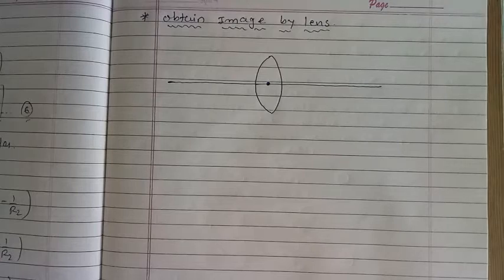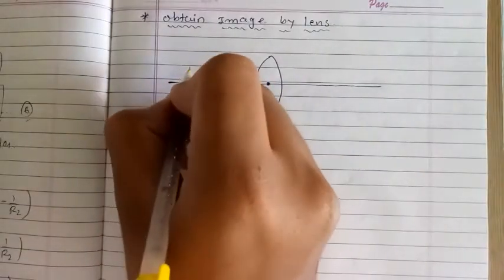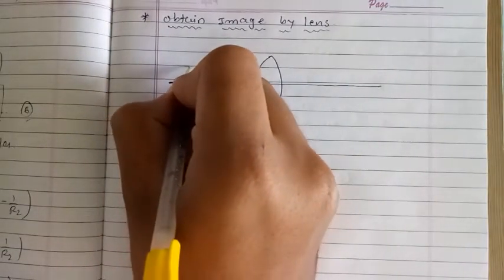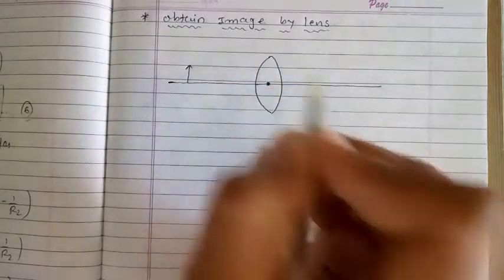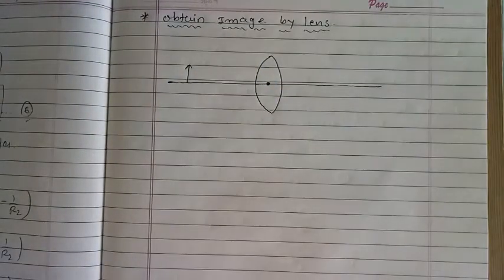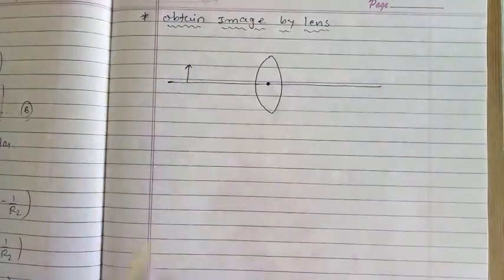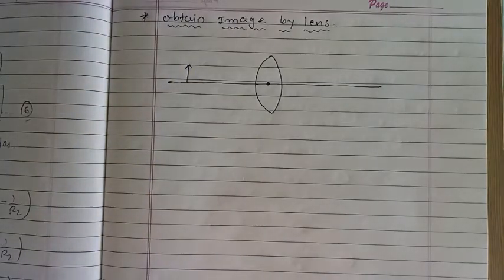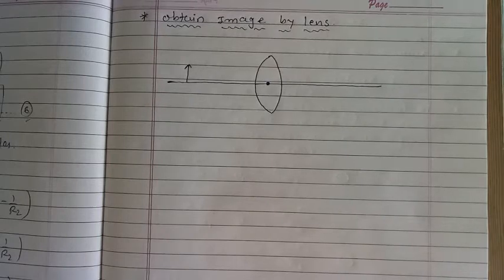We know that. Now suppose here there is an object, right? So if we want an image of this object, we have to consider two or more than two rays to get an image, right?